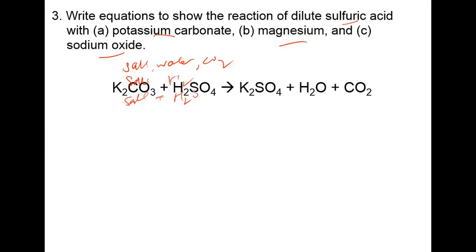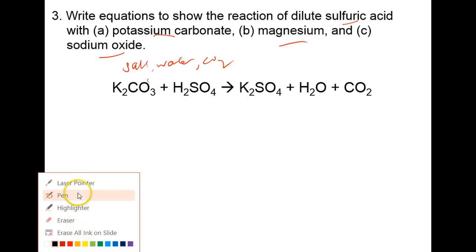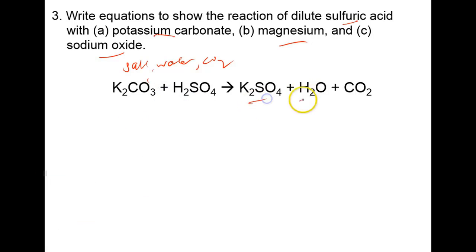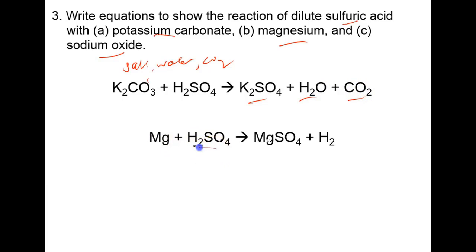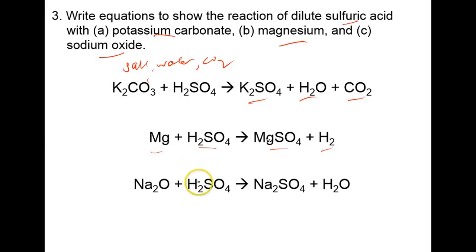So now we have this, we will be able to write this out. K2CO3 plus H2SO4 gives us salt, water and carbon dioxide. Acid metal, salt and hydrogen gas, and acid oxide gives us salt and water.